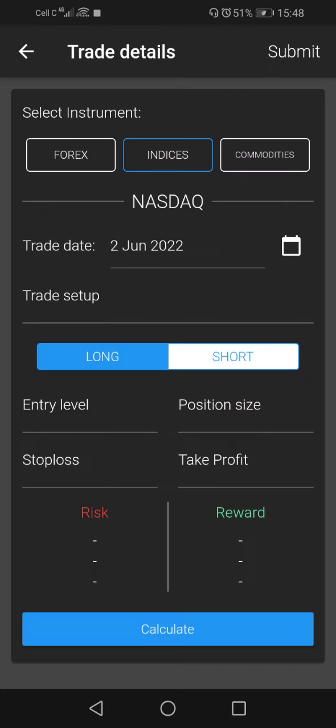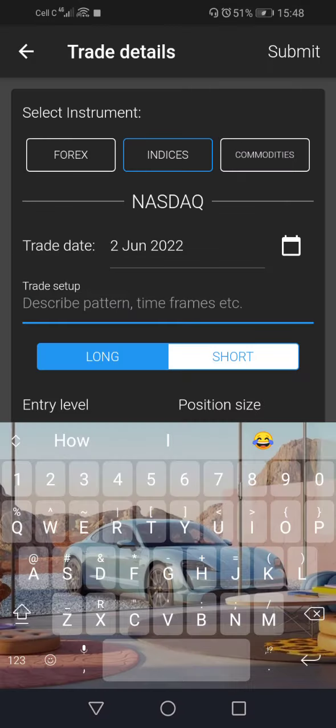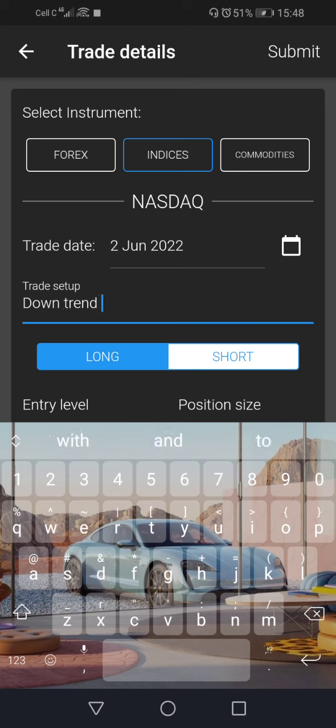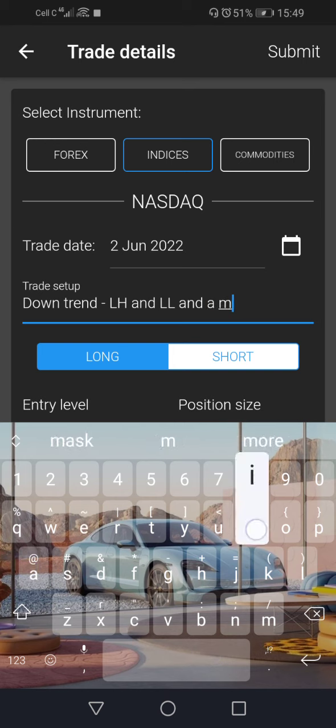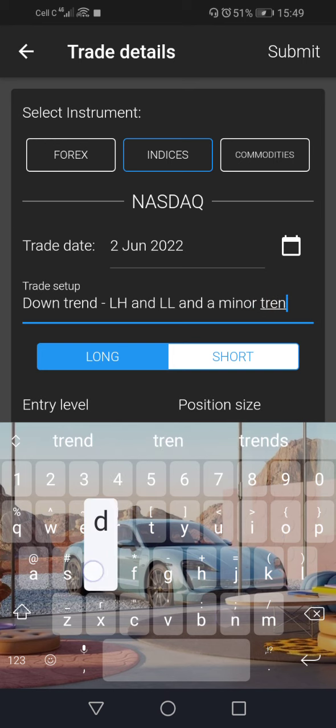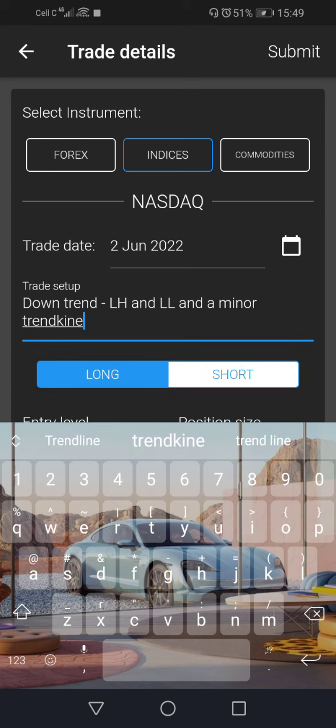We're going to say we have a downtrend, lower lows, because of a lower high and lower lows and a minor trend line break.